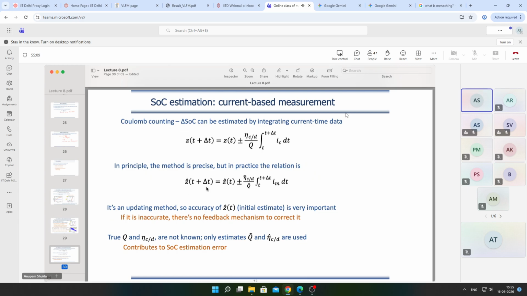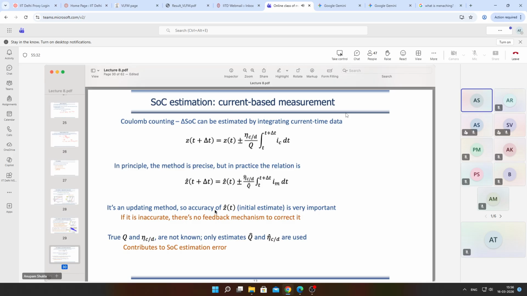Since there is no way in this method to get the state of charge at the beginning, that is at time t, it's an updating method. So accuracy at time t plus delta t depends heavily on the accuracy at time t. Okay, what is the initial estimate?